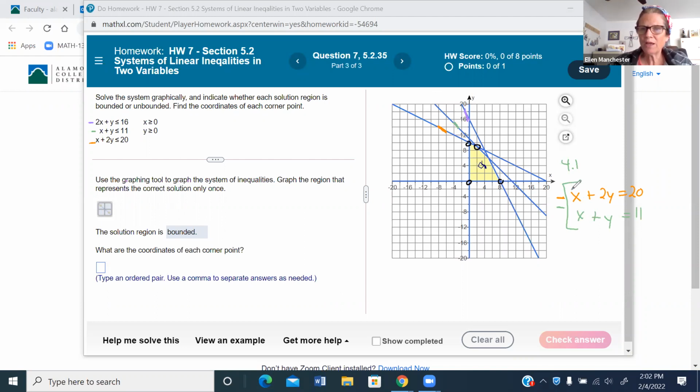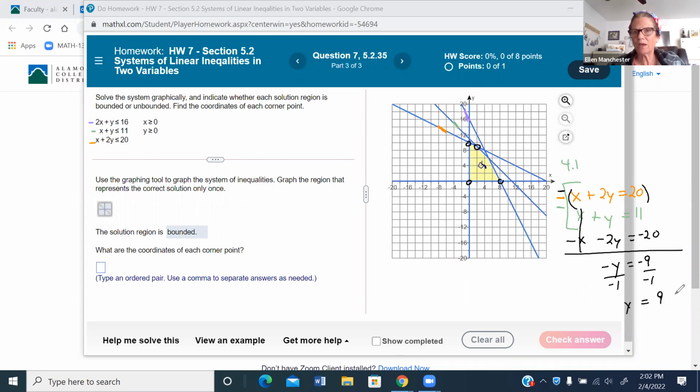So I'm going to multiply the top through by a negative, and I get negative x minus 2y equals negative 20. Now I'm going to add. The x's are eliminated. I end up with negative y equals negative 9. When I divide both sides by negative 1, I get y equals 9. Now, it should match your graph. You see how this is right in between the 8 and the 10?